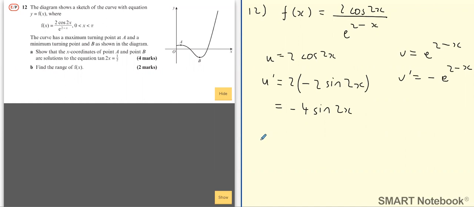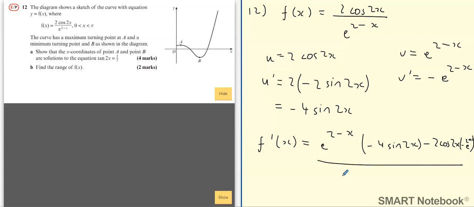Then I can differentiate this. f dash of x is going to equal vu dash, so e to the 2 minus x times minus 4 sine 2x, minus 2 cos 2x times minus e to the 2 minus x, all over e to the 2 minus x all squared.